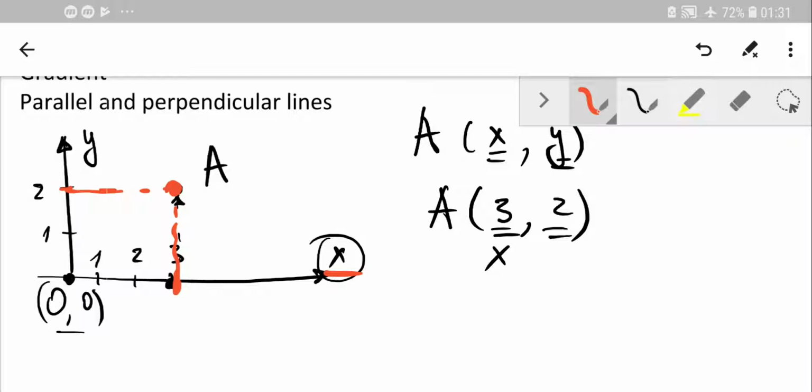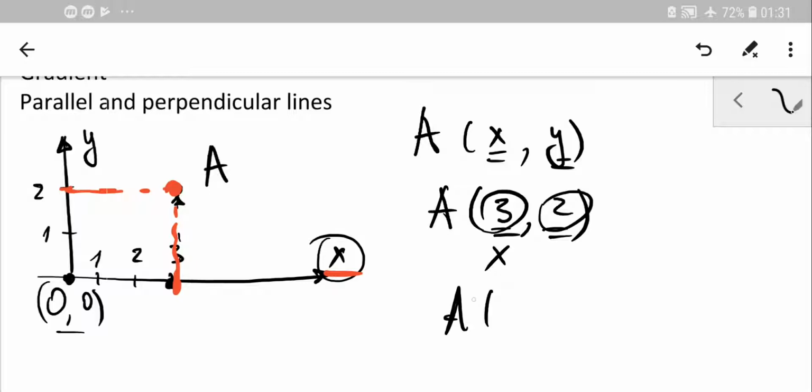The coordinates are not necessarily whole numbers. In this case they're whole, but you might set up another point, let's say M, with coordinates 3.5 and 2.5. In this case, you use a unit step and divide by 2 in the end. If it's 3.5 for x, the next is 4, so you have the midpoint here, and that's the x coordinate for M. Then you lift up 2.5 steps.